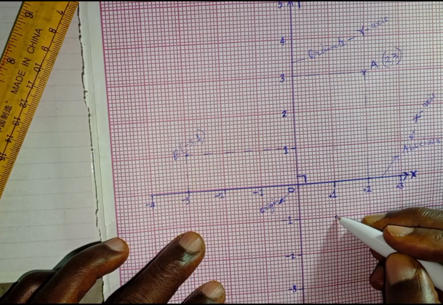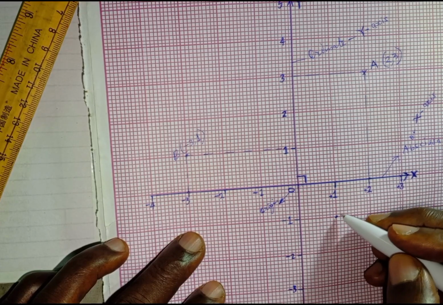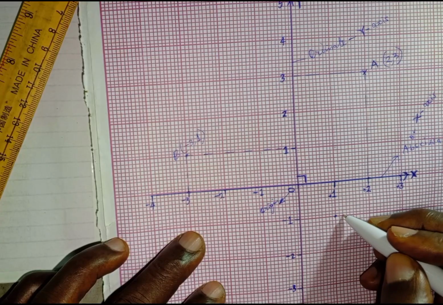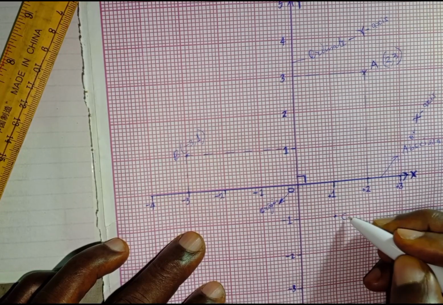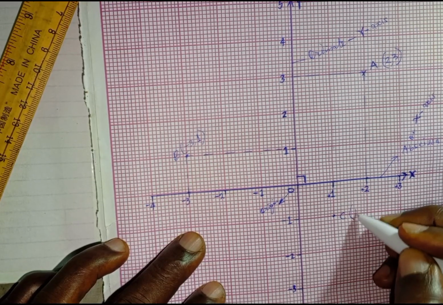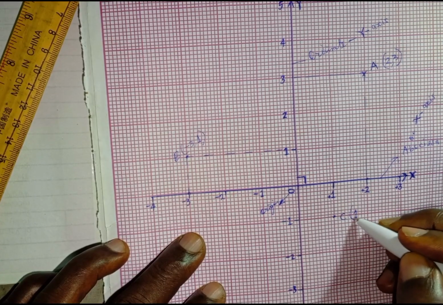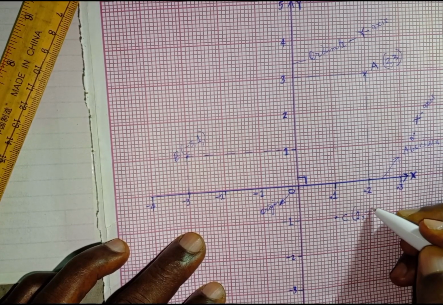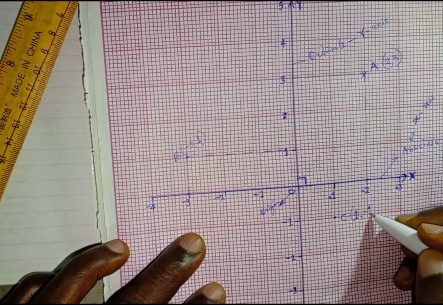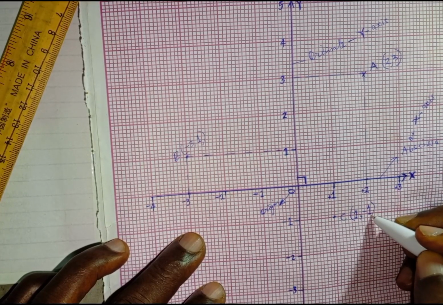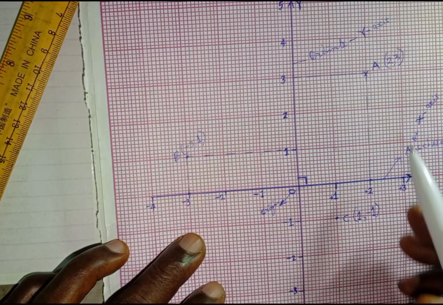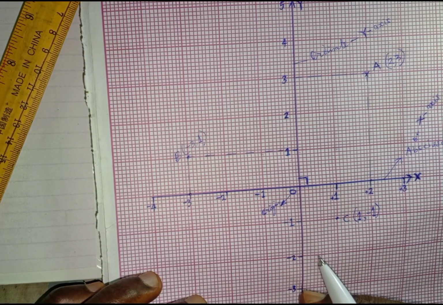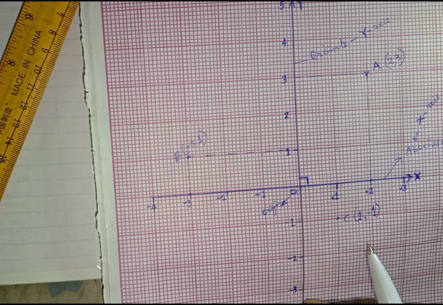Let's call this one point C. Point C is 1, comma, minus 1. So we have created 3 points.